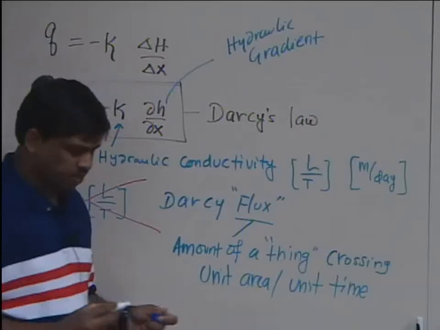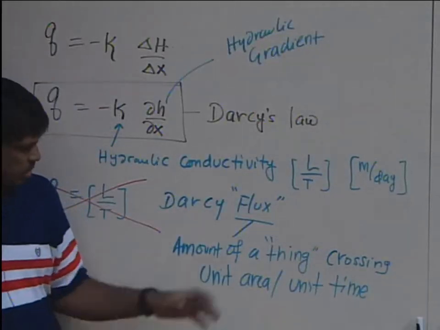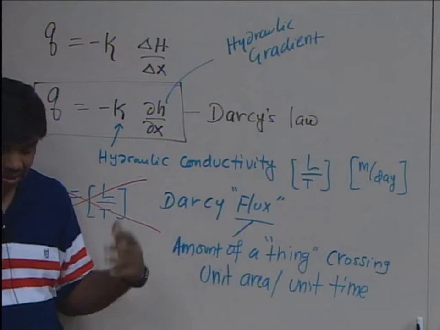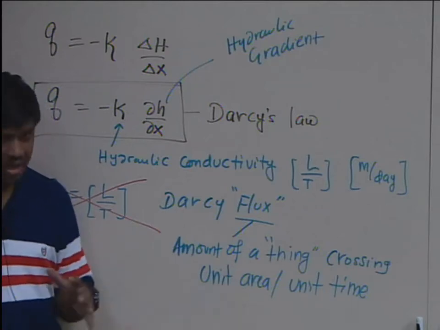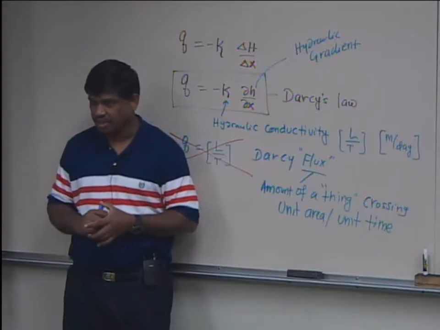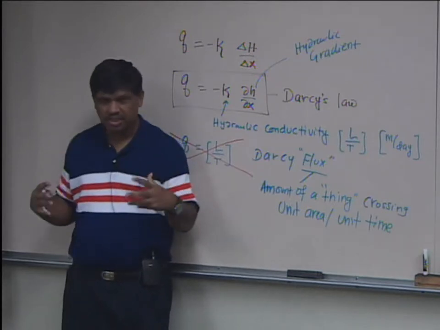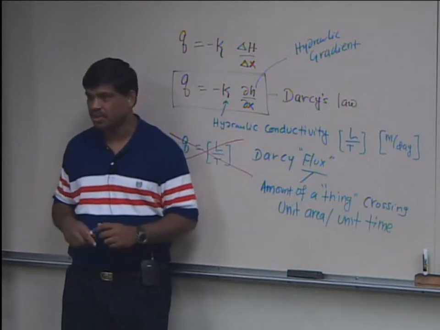This is a general definition of flux. It really has nothing to do with Darcy's law at all. It's actually a transport phenomena definition. A flux by definition is something crossing unit area per unit time.